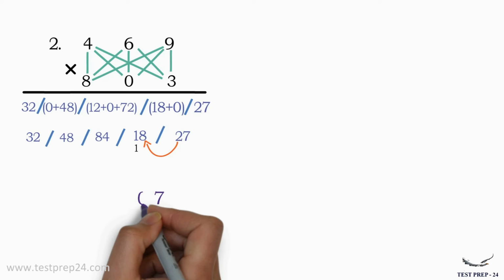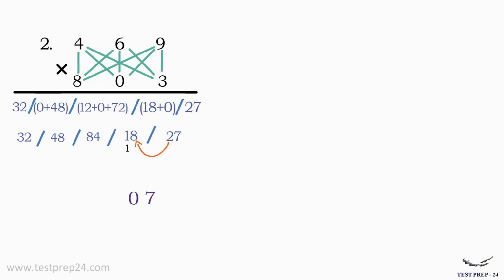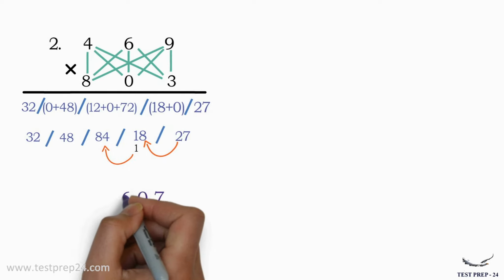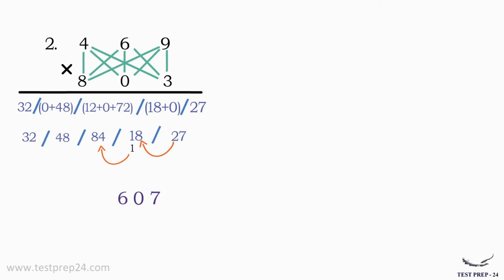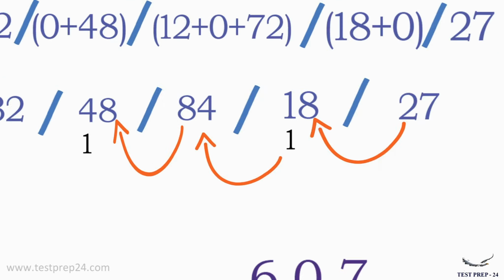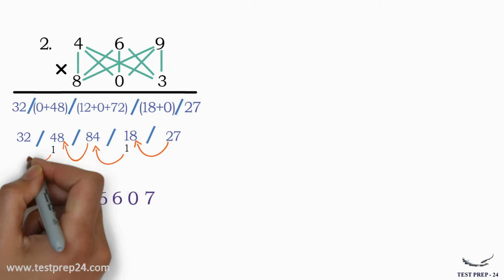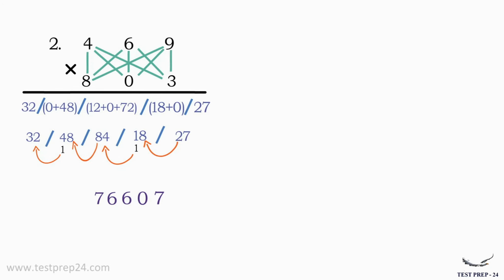So 2 plus 4 makes 6, 8 will be carried to the previous number, 8 plus 8 is 16, 6 you will write here and 1 will be shifted to 4 which makes 5. So 5 will be carried to the previous number, 5 plus 2 makes 7 and 3 will be written as it is. So your final answer will be 376607. And you have to follow the same approach. Whenever you get an extra number, you have to carry it to the previous number.